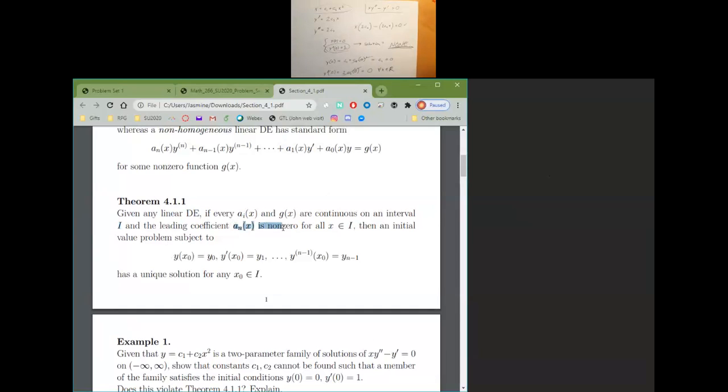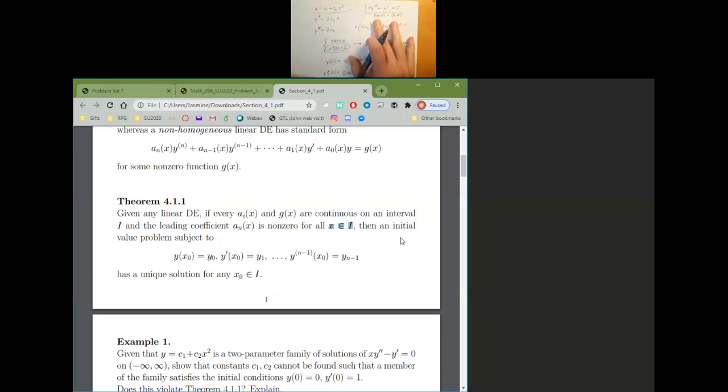We need the leading coefficient to be non-zero for all x on that interval, or on maybe only a portion of that interval, right? So our leading coefficient here is x. x is only non-zero when literally x doesn't equal 0, right? So the intervals that we have to break up into are -∞ to 0 or 0 to infinity.